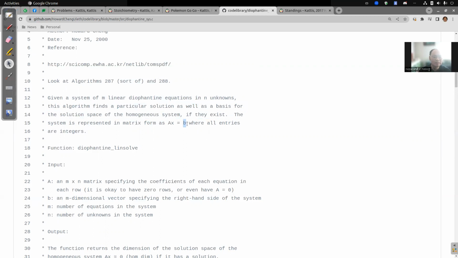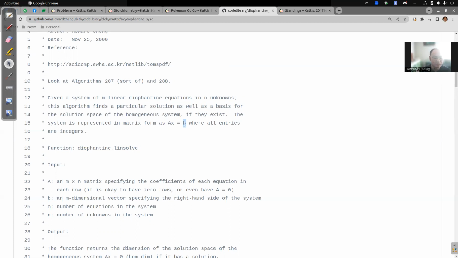All you have to do is pick the particular solution and add any solution of the homogeneous system where the right-hand side is 0, and you get all the possible solutions of Ax equals b. Now, in our case, b is 0, so that makes things a little bit easier.